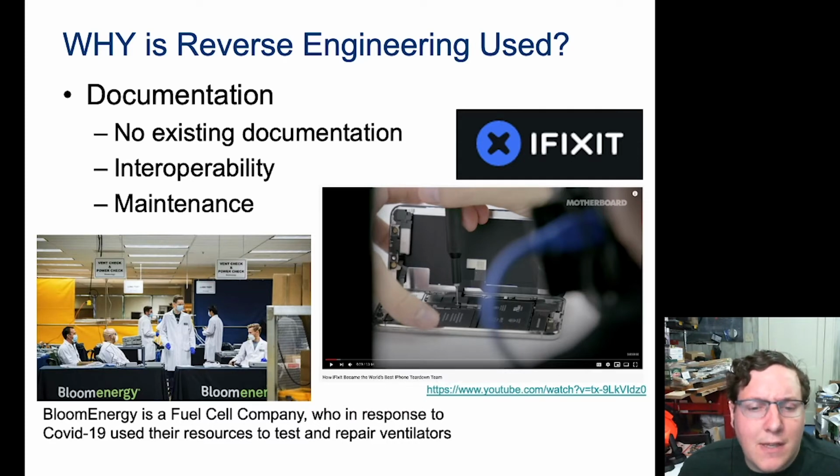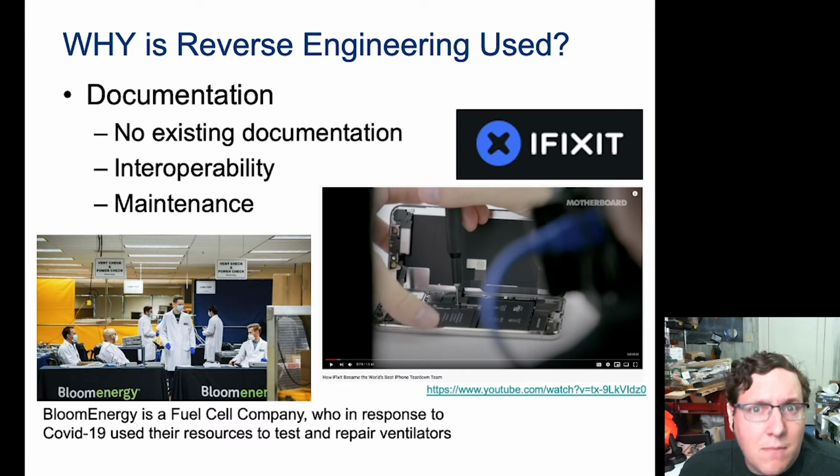But we've also got things like COVID-19 and the coronavirus, where there's a high demand for ventilators. Some of these pieces of equipment have been in storage for years, and when they come out of storage, they're not working. One company, and this is just one of many examples out there, is Bloom Energy, a fuel cell company in California. They have technical skills and equipment, and they know how to analyze what's going on in a system.